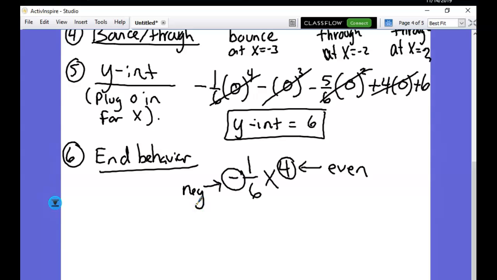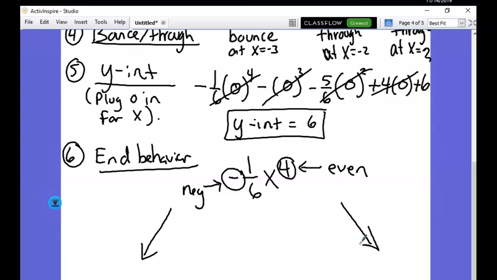Which way is the arrow pointing on the left, up or down? Down. Which way is the arrow pointing on the right? Are you guys looking at your chart? It's down on the left and on the right. Remember, when it's an even power, they both go down or they both go up. The odd one goes in opposite directions. So you've got to look at that chart. It's hard to remember it.